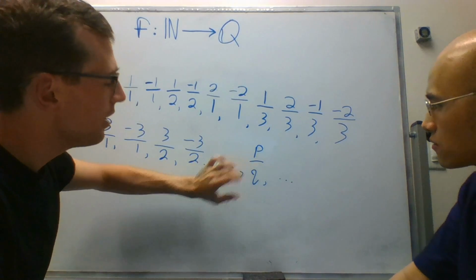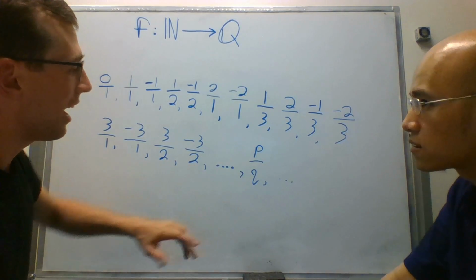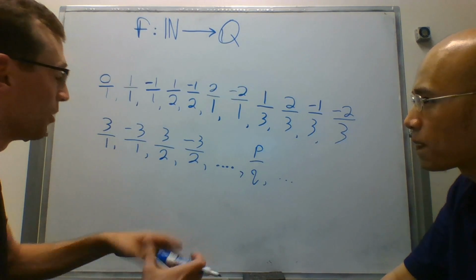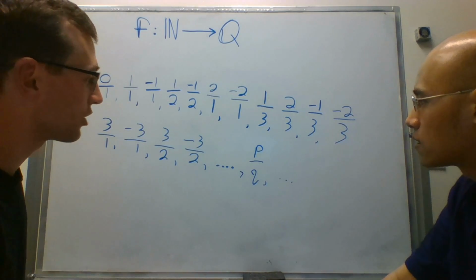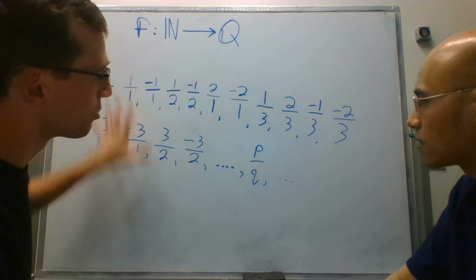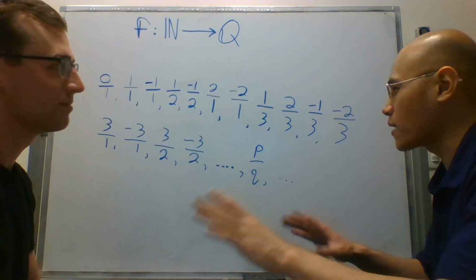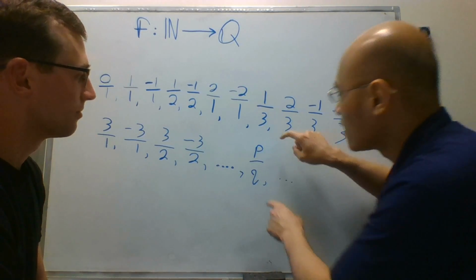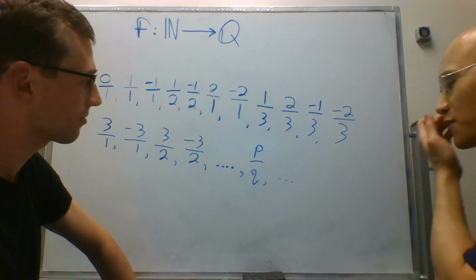You'll eventually hit it. This is for a general P over Q. And the rational numbers, remember, are P over Q being a fraction. That is the set of rational numbers. So we know that eventually we'll enumerate every single rational number in this way. So earlier when I made the comment about generalizability, this was what I meant. That's the generalization we were talking about.